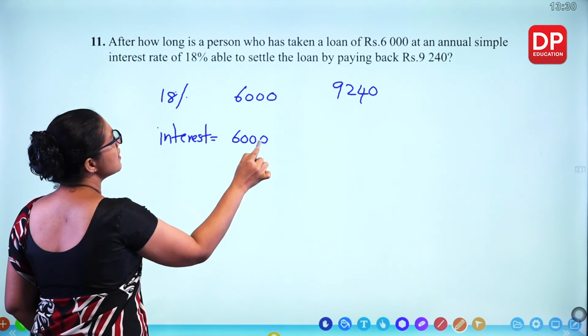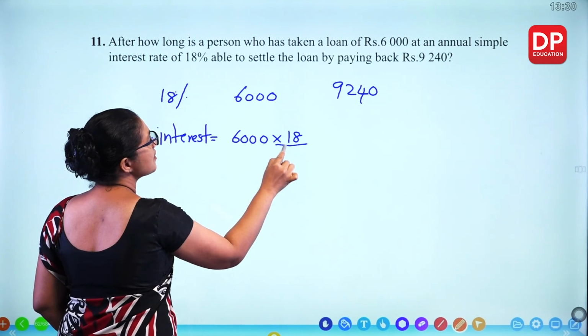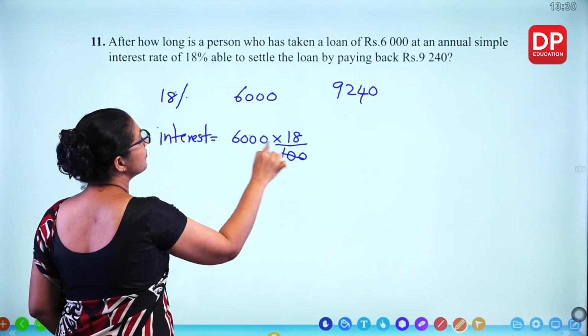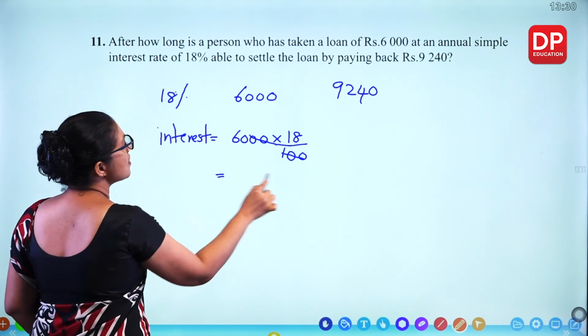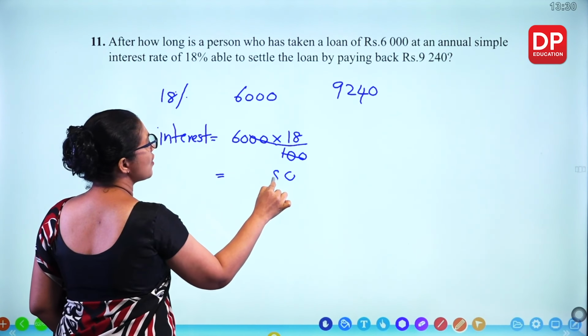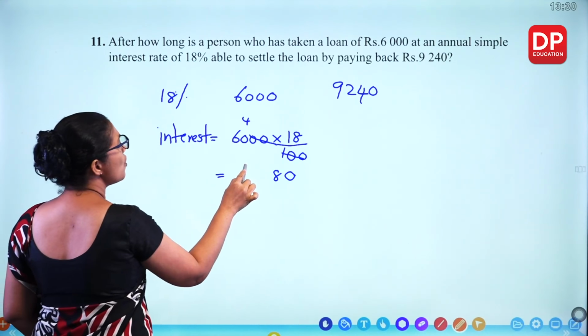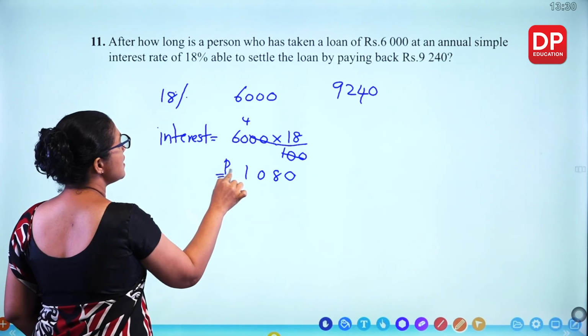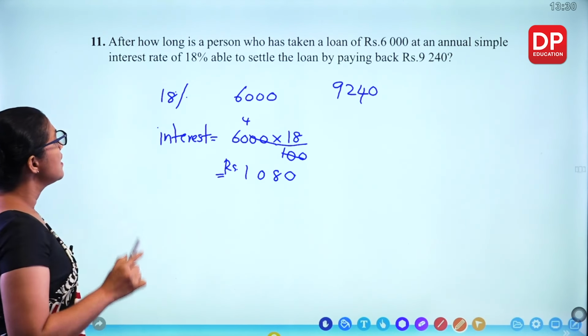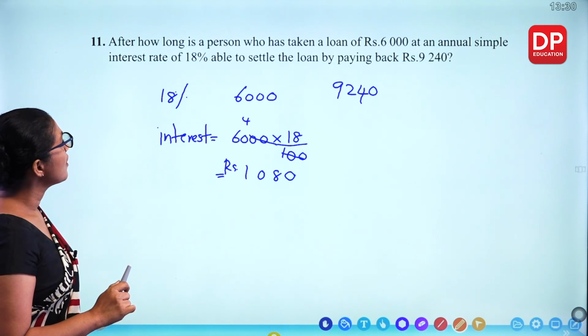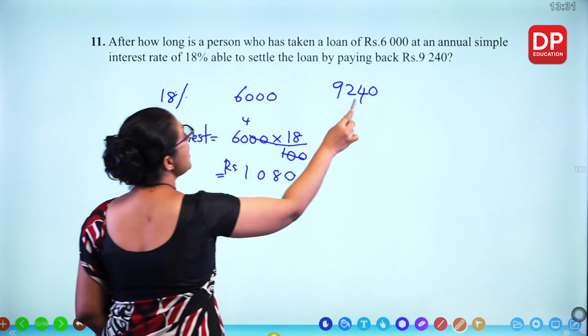6,000 into 18%. 0, 6 times 8, 48. 4 remaining, 6 times 1, 6 plus 4, 10. So 1,080 rupees per year. But you are paying this much.